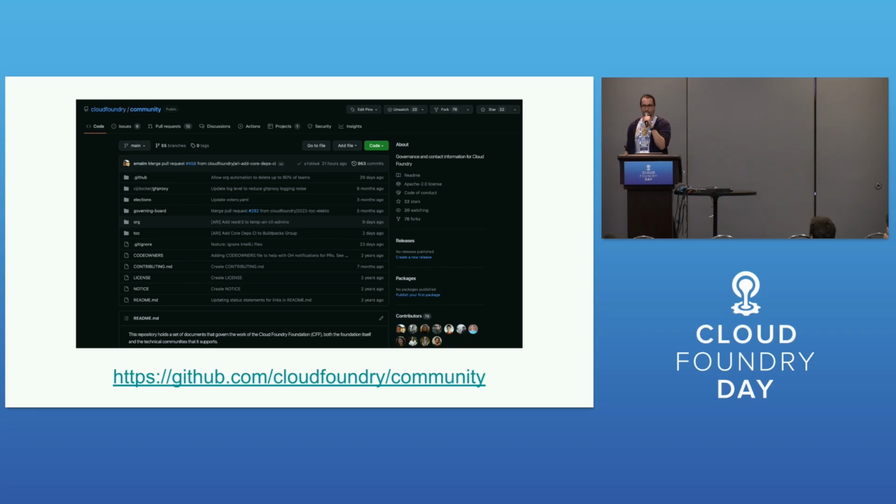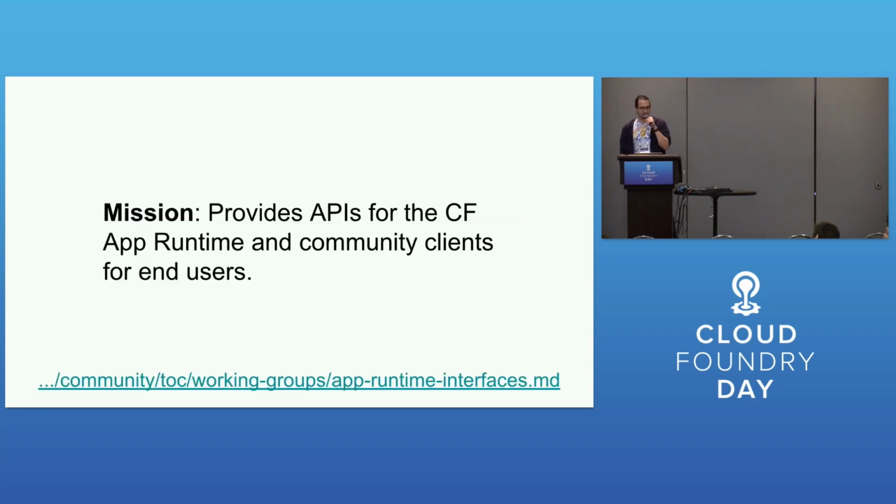If you ever want to read a bunch of markdown files that exhaustively describe all the different phases of it, this is going to be a great repository for you if you haven't already seen it. In that repository, there is a charter for the App Runtime Interfaces working group, and in there, it has a mission statement. Our mission statement is to provide APIs for the CF App Runtime and community clients for end users.